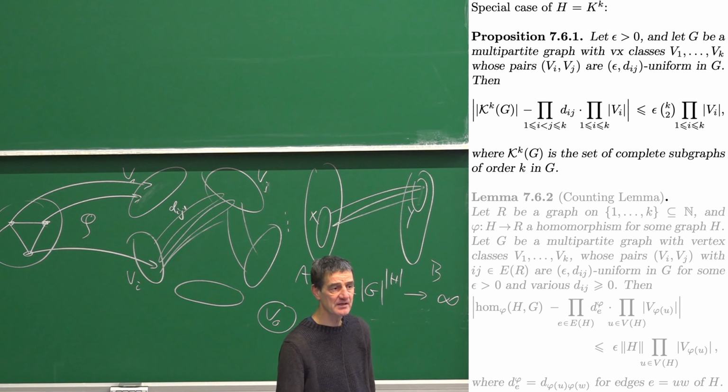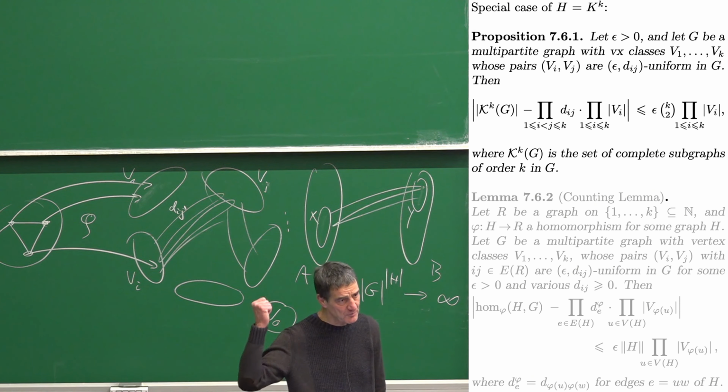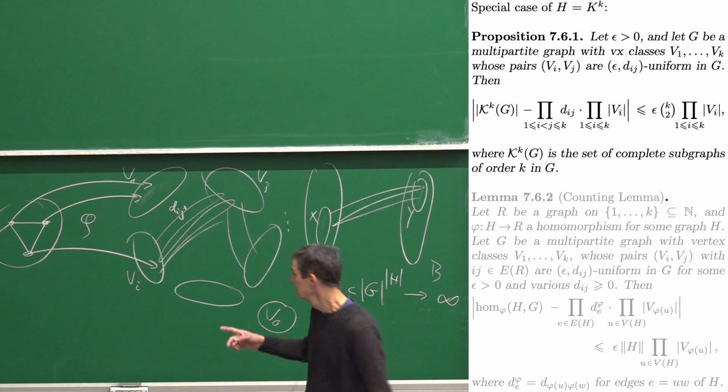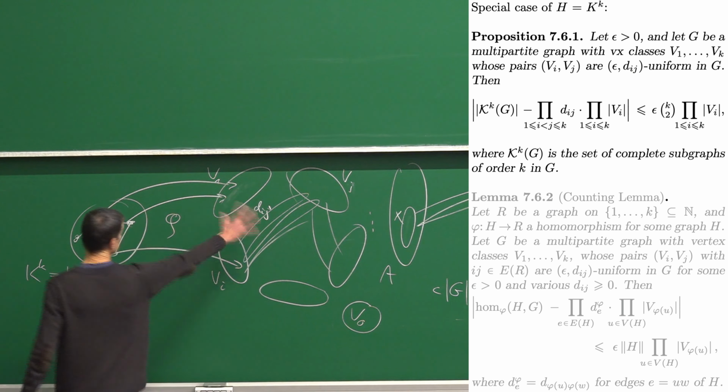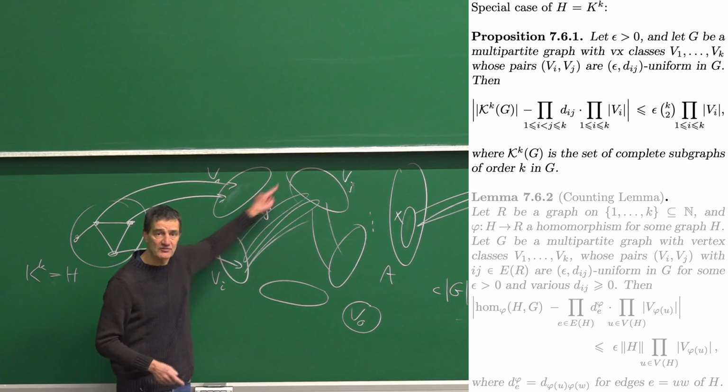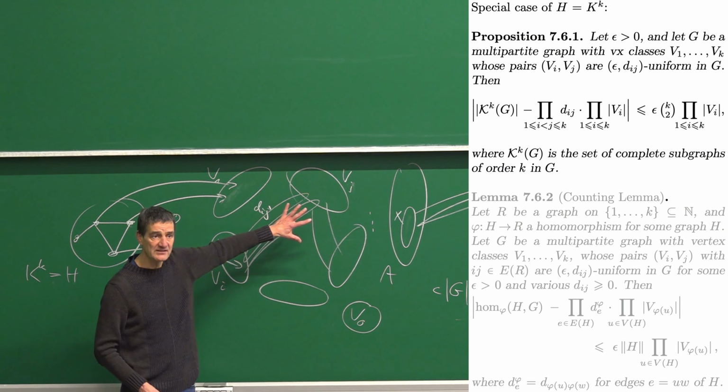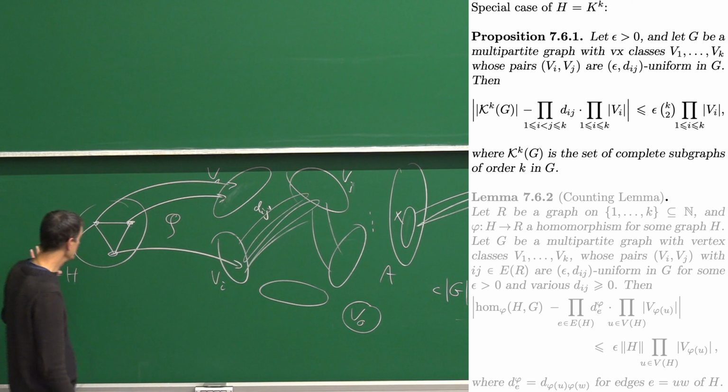Right, it counts the number of complete K subgraphs, K_k's, in G, not the number of homomorphisms, because there are more homomorphisms than images. Every concrete image of H, in particular of a complete H, can arise from several homomorphisms.